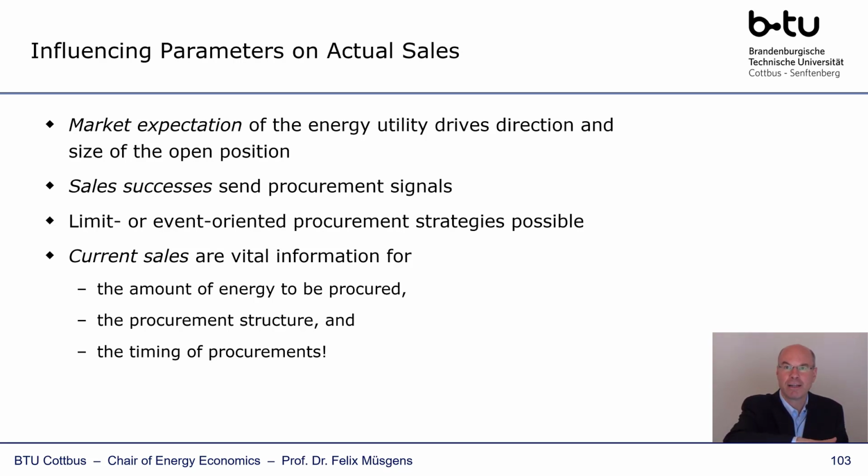If it was already negative, it is even more negative after the sale. And then we can have limit or event-oriented procurement strategies. But it's important to recognize that current sales are vital information for the amount of energy to be procured, for the procurement structure, and the timing of procurement. This is an issue that the sales team and the procurement team have to work together closely.